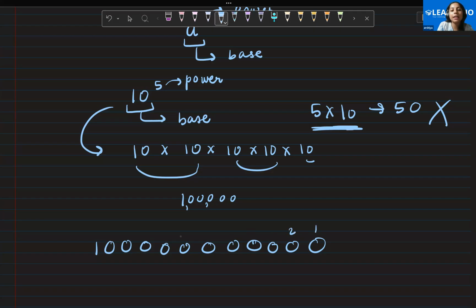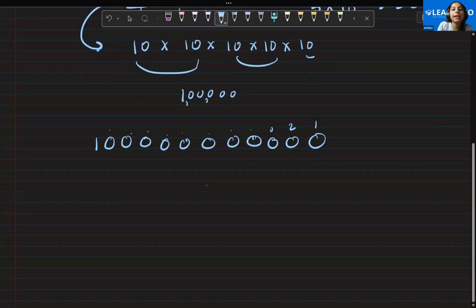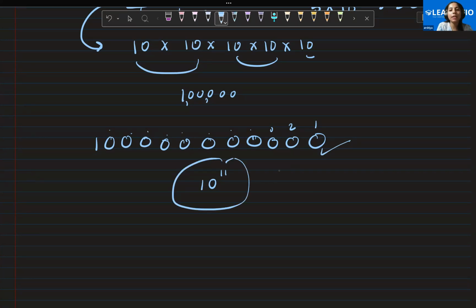So 1, 2, 3, 4, 5, 6, 7, 8, 9, 10, and 11 zeros I have. So basically, I will write 10 to the power of 11. If I have to read the long number, I will get confused, but 10 raised to the power of 11 is a better version of this. It makes the number clearer and easier to understand.